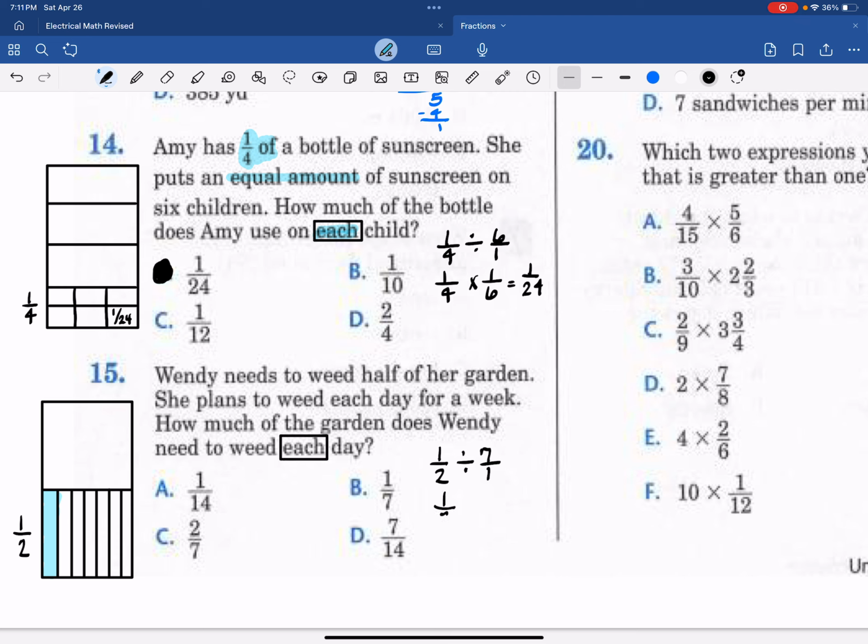So 1/2 times 1/7 would be 1/14 of the garden that she will weed each day. And I like to see units. This one would be of the bottle.